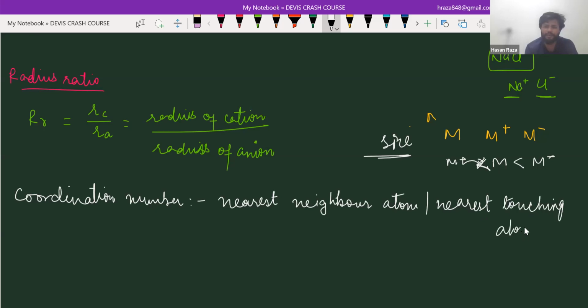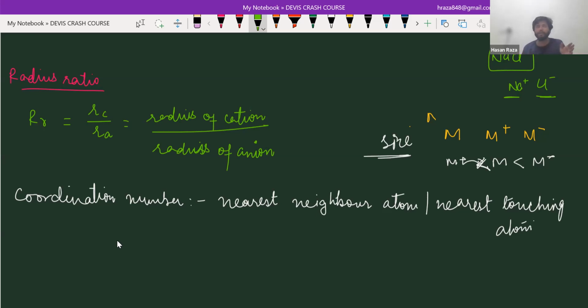This is coordination. So here we are going to learn about a cation being surrounded by how many anions. If the cation is larger, that means the anions surrounding that cation will be larger in number.